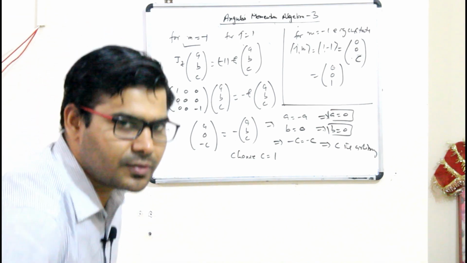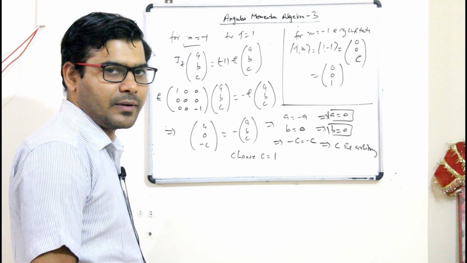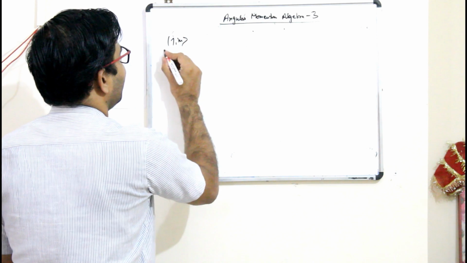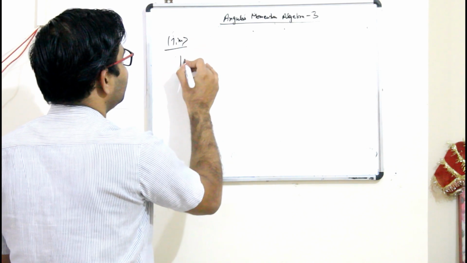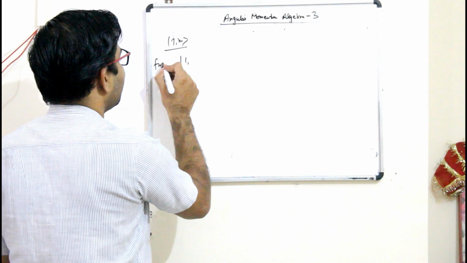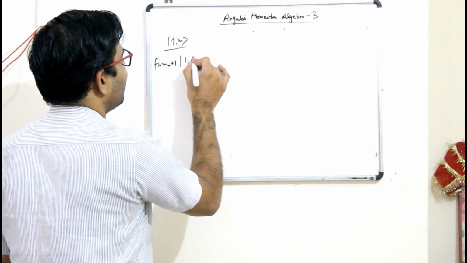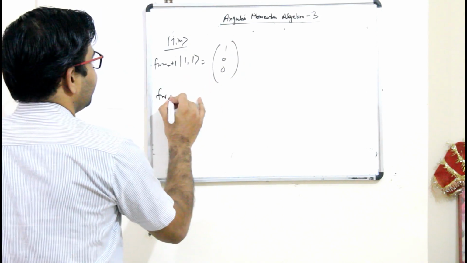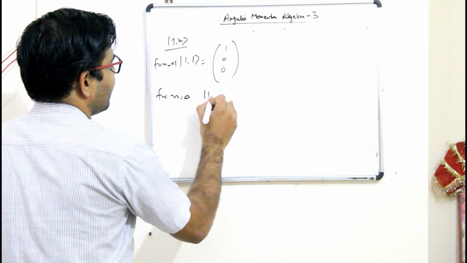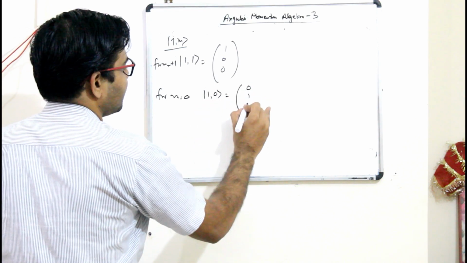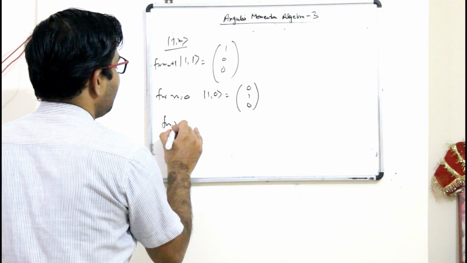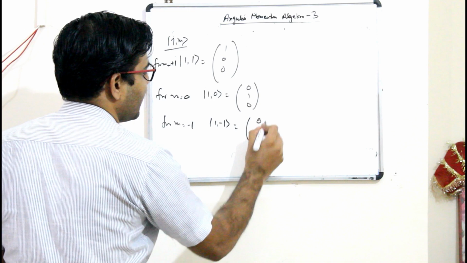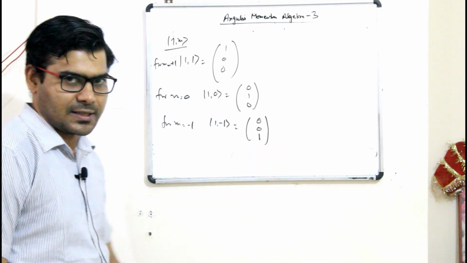Let me write down what we have got so far, the representation of the ket |j, m> for different eigenvalues. For m equal to plus 1, we get |1, 1>, which is (1, 0, 0). For m equal to 0, this becomes |1, 0>, which is (0, 1, 0). And for m equal to minus 1, |1, minus 1> is equal to (0, 0, 1). So that's what we get as three states.